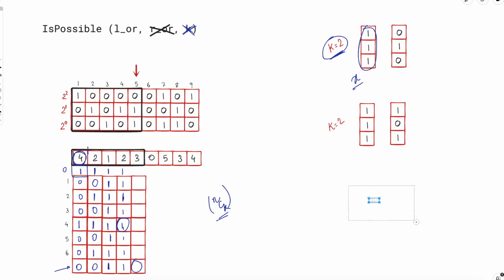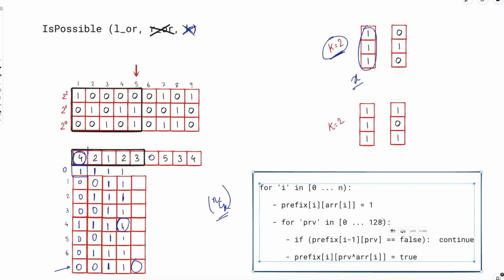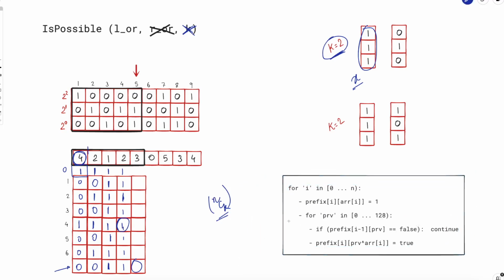But before that, let's look at the pseudo code for the current part itself, which is without k, that is, the implementation of this IsPossible function. We will simply iterate over all the indexes and try to build this prefix array ourselves for every index.